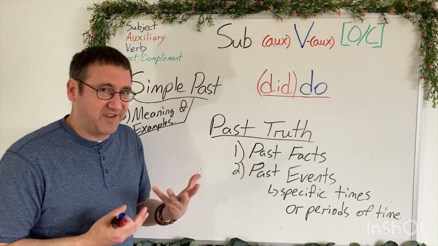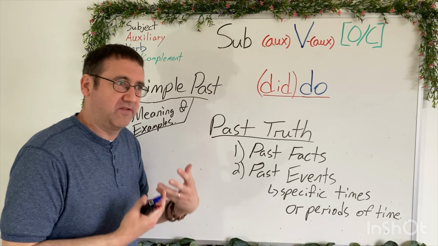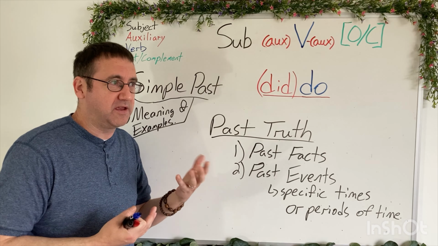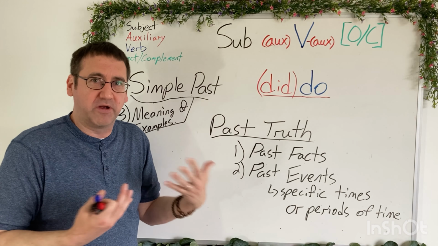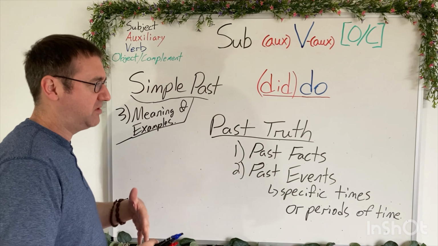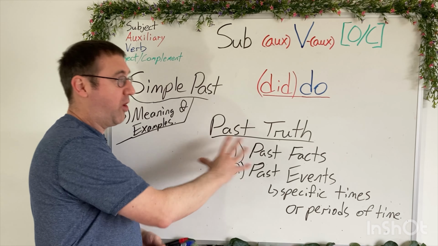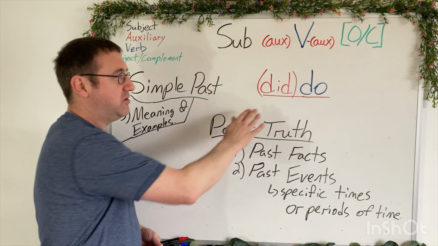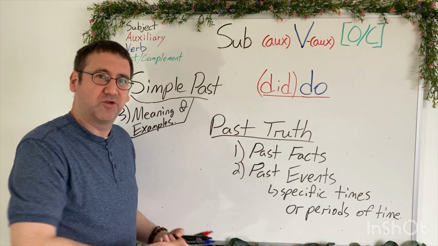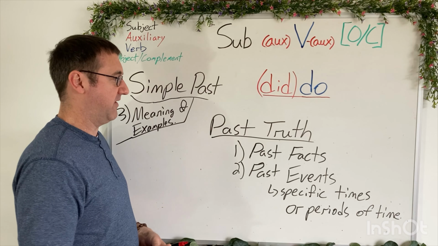Now, I'm not saying you can't lie, but the grammar represents truth, and lying is what you believe in your head happened and what you say and how those things are different, okay? So lying involves more than this. So I'm not saying that this is always true, but when you use did do, you're trying to show the other person that it's true, okay, of the past.